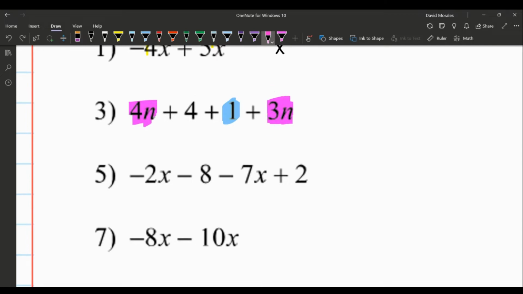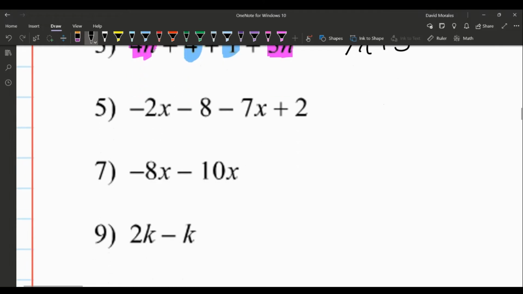Since the letter can change, the number changes along with it. But when you don't have a number next to a letter, it's a constant. It doesn't change. So 4n plus 3n is 7n. 4 plus 1 is 5.